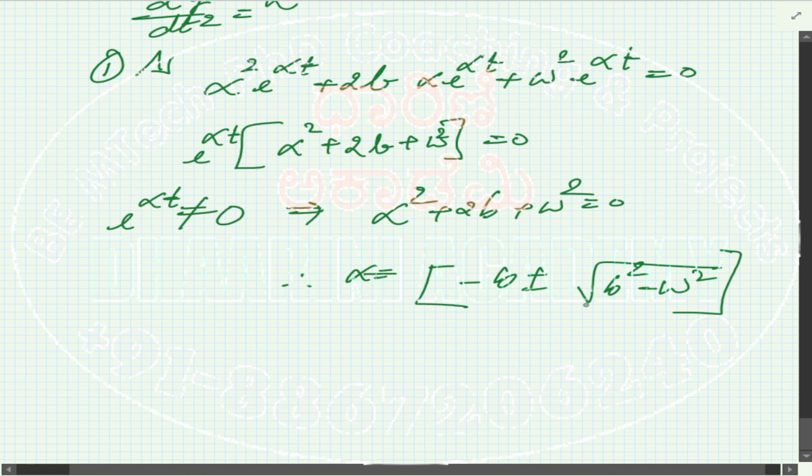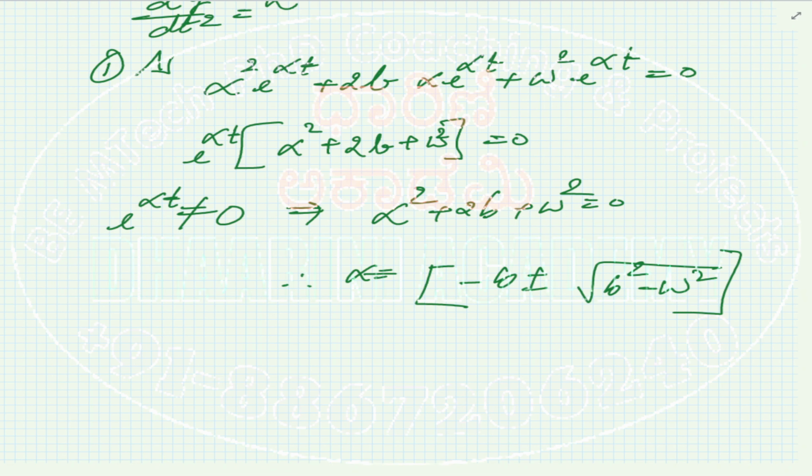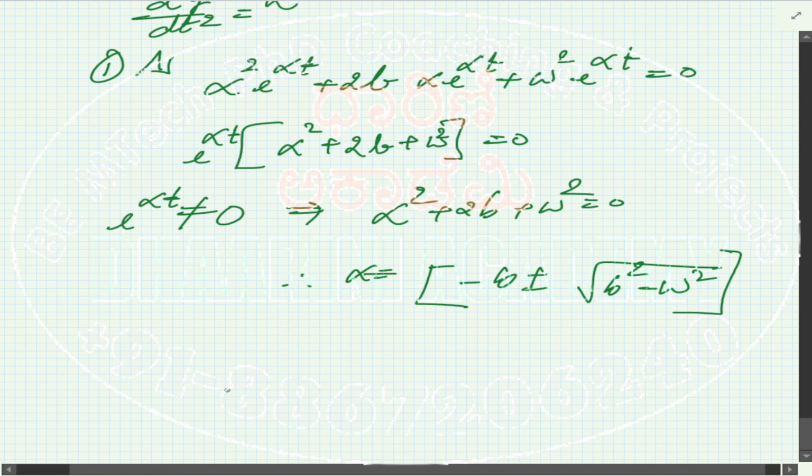So we have two roots. One is e to the power minus b plus root of b square minus omega square, and the next term is the other root.